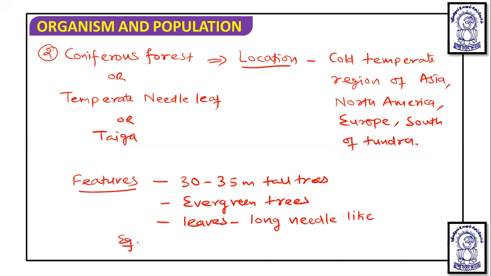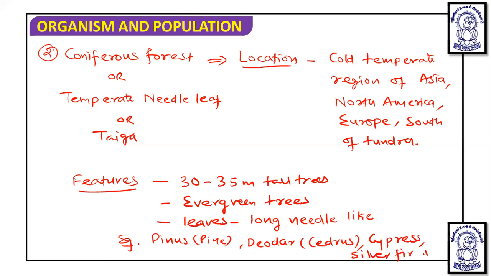If we talk about examples of the plant, then Pinus, which we call pine; then deodar, which is also known as Cedrus; then cypress and silver fir. Silver fir is also known as Abies. Coniferous plants, conifers of gymnosperm, are grown in this particular biome.